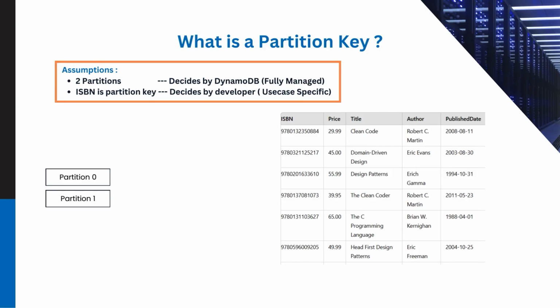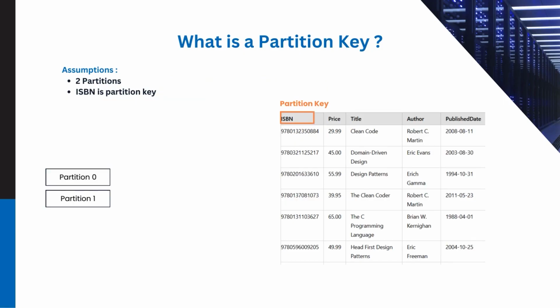Your focus remains on writing your application code while DynamoDB takes care of all the complex operations in the background. Since this process is essentially a black box, I'm using these assumptions to better illustrate the concept with a simple example.